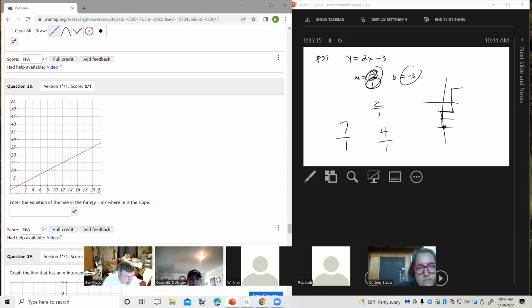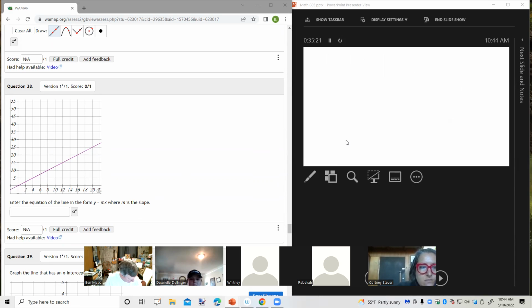Enter the equation of the line in the form y equals mx plus b, where m is the slope. Now here we've got to be careful because our scales are different. So 38, let's see here. Probably the easiest 2 points would be from here to here. So what is it doing? It's going up 5 as it goes over 4. So the slope is 5/4.